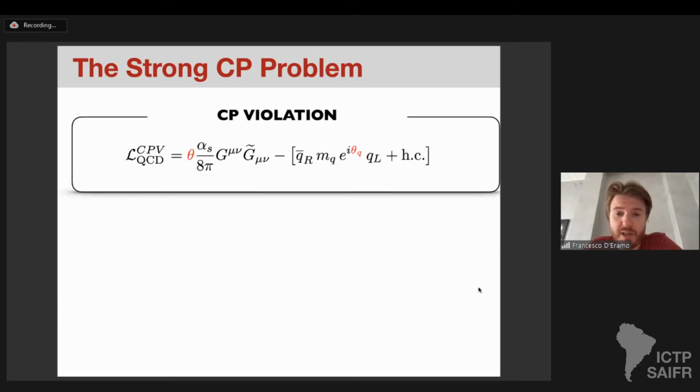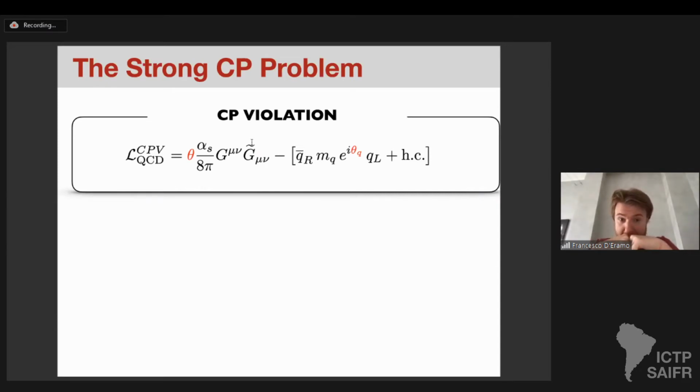There are 2 additional operators in the QCD Lagrangian that violate the CP symmetry, and these are the 2 operators that are right here. The first one is something new. It looks like the gluon kinetic term, but instead of the second gluon field strength, there is the dual, which is the one you build with the tensor epsilon.